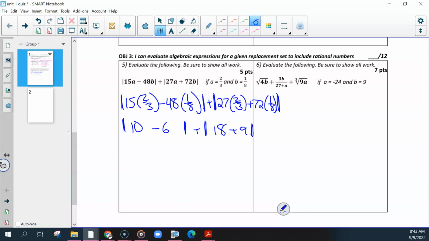So this was worth 1 point, this was worth 1 point, simplifying both of those again, and the next part. These both combined were worth 1 point: seeing that you simplified them, as well as that I don't have anything else to do in the absolute value, so I can take them off and add them.